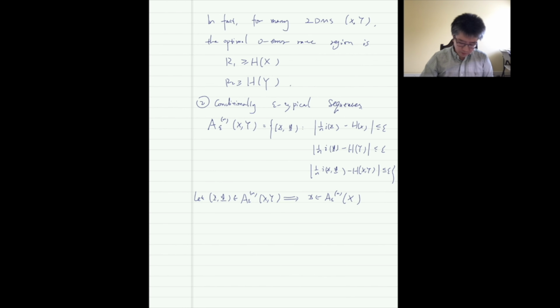Given this, the conditionally typical set denoted by y given x, where x is given, meaning we observe x and we know x is in here, is all the sequences of y such that x and y are in this jointly epsilon typical set.